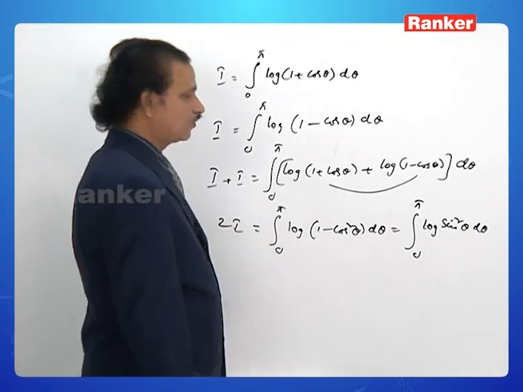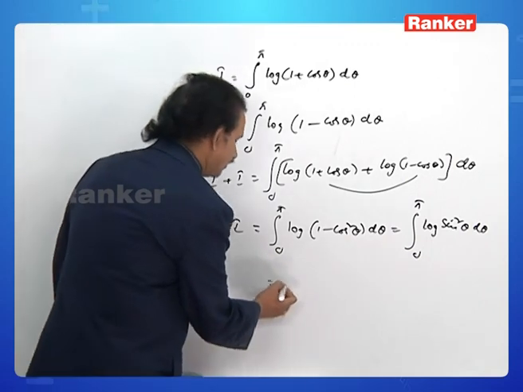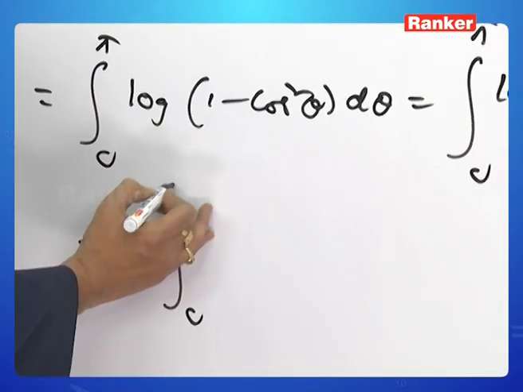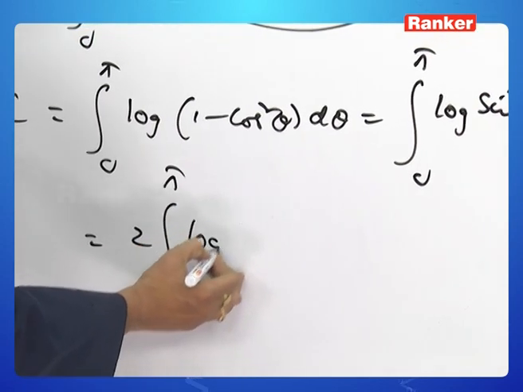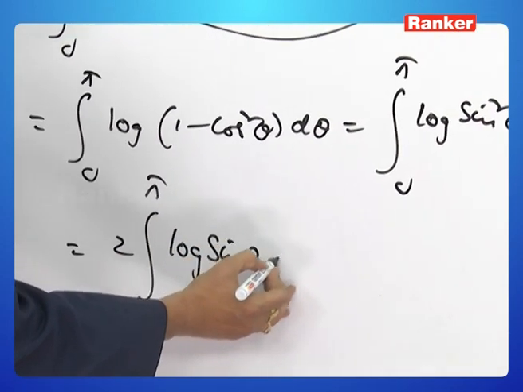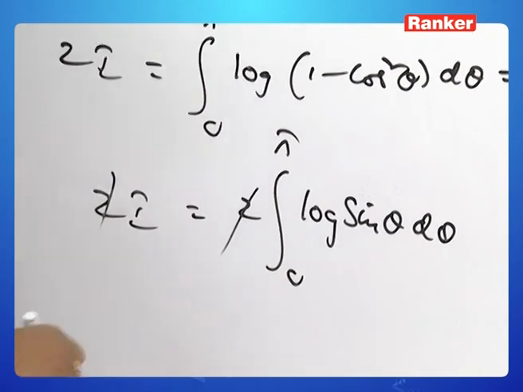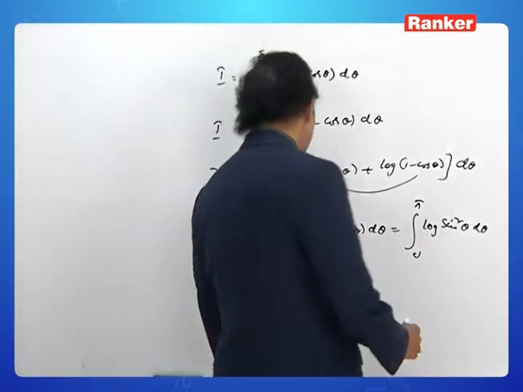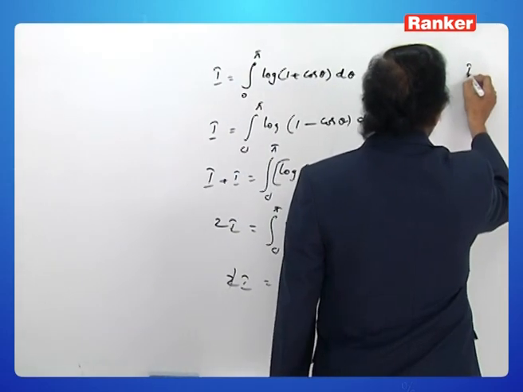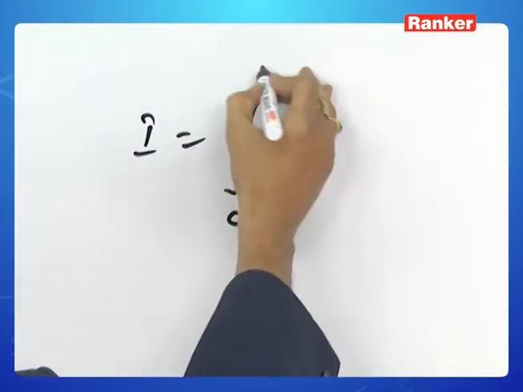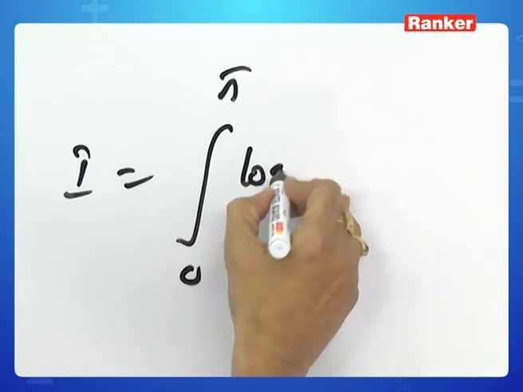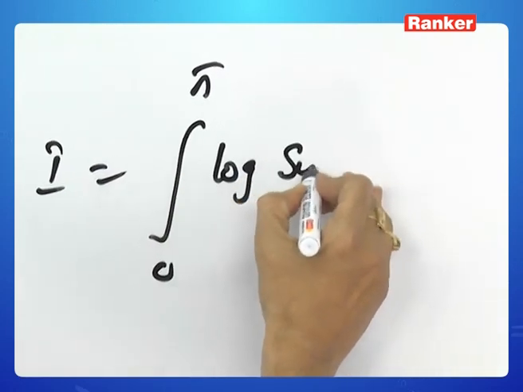Log of sin square theta is equal to 2 into integral 0 to pi log of sin theta. This is of course 2I is equal to. Now we can cancel 2. So what is the shape of I? I is equal to integral 0 to pi log of sin theta d theta.